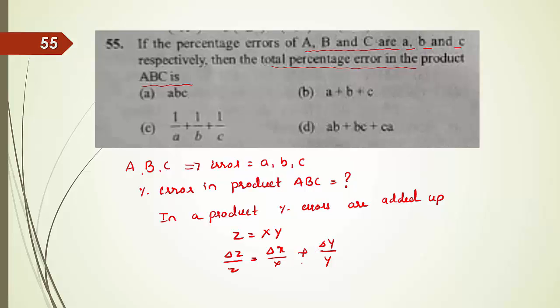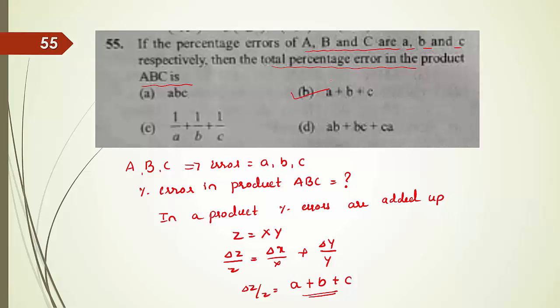So when we add the error, for ABC we can write delta Z over Z equal to a plus b plus c. These are the error in the given quantity capital ABC. So we have to add the values a plus b plus c.